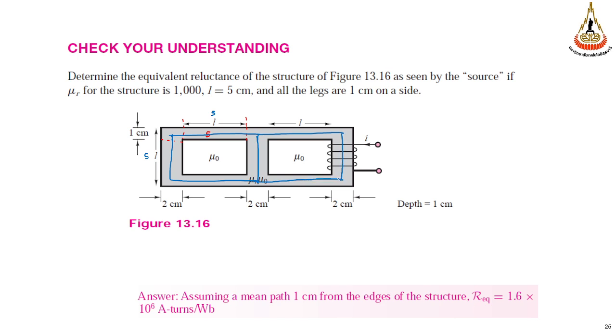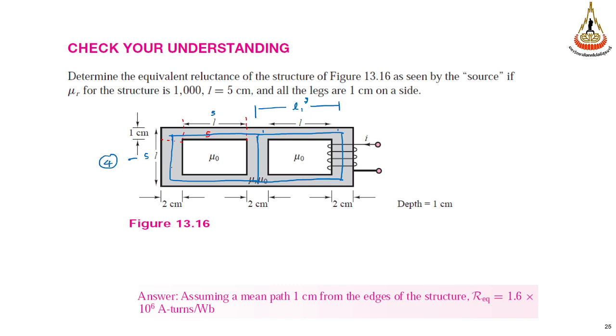Here, how much for this length? I use L1 here. How much for this length? This is 5 plus 1 and plus 1, so it becomes 7. And how much for this length? This is 5 minus 0.5 and minus 0.5, and it becomes 4. Very good.